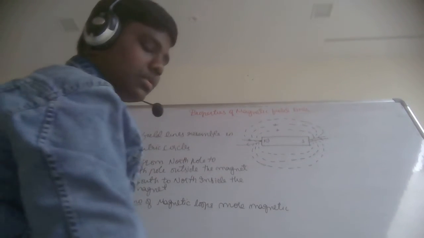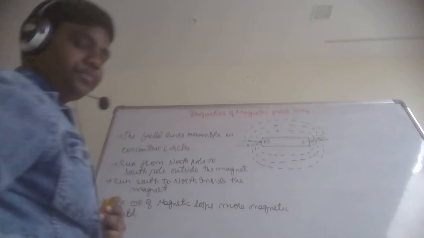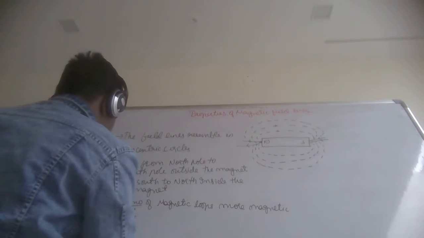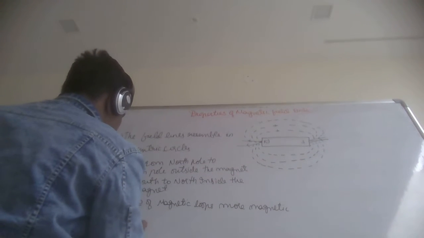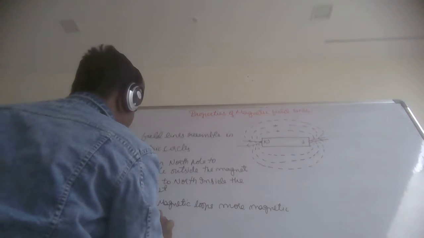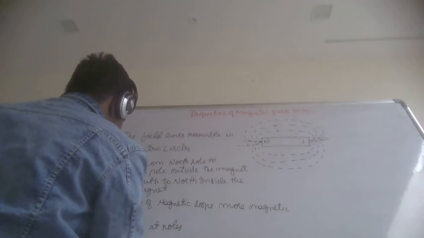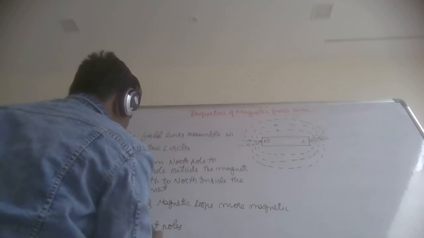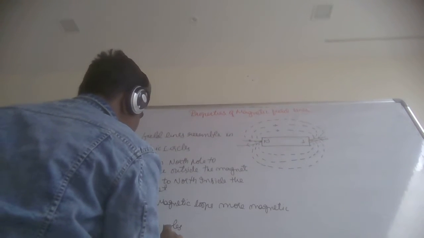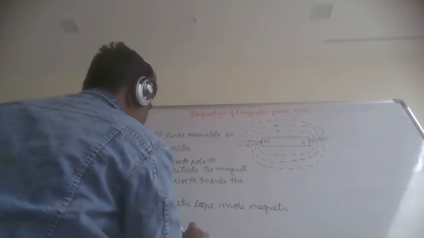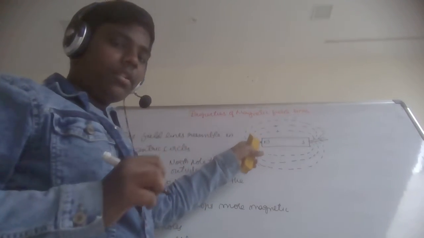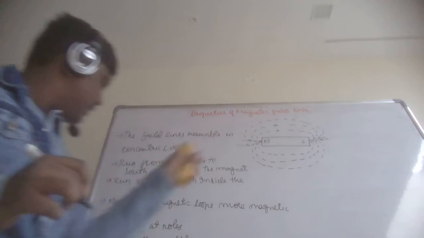Then we also know another property: the magnet is strong at the poles and weak in the center or in the middle. You see, magnetic field lines are formed at the corners, at the poles.